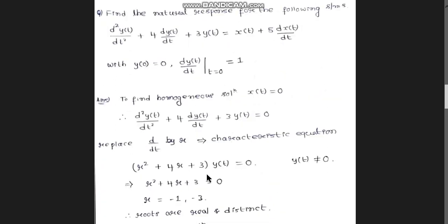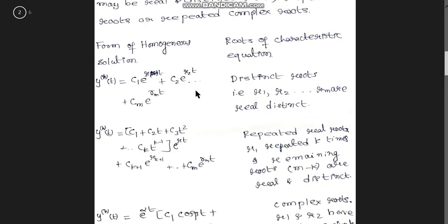When the roots are real and distinct, this is the form of your homogeneous solution. You can see distinct real roots r1, r2. We will get c1 e power r1t plus c2 e power r2t, because we have got only two roots. So the homogeneous solution will be in the form of these two terms.